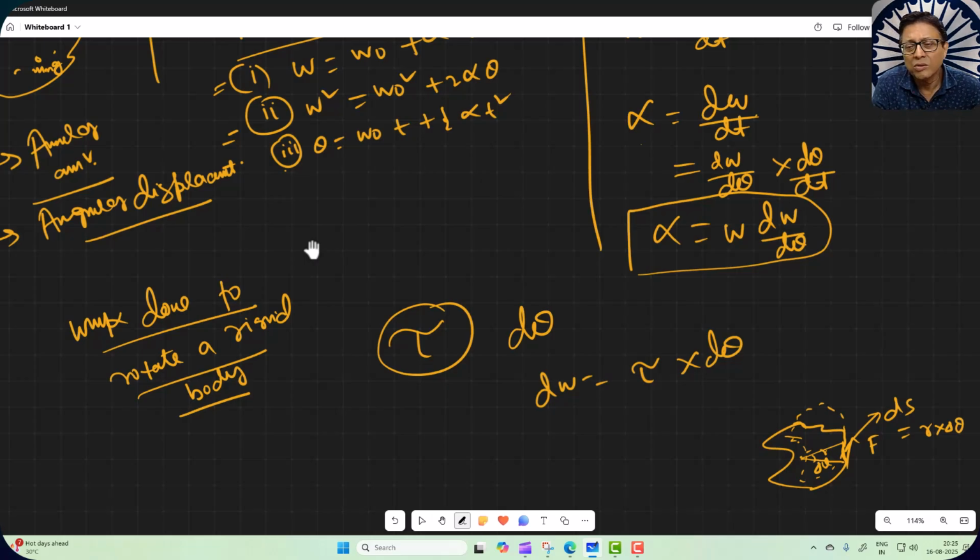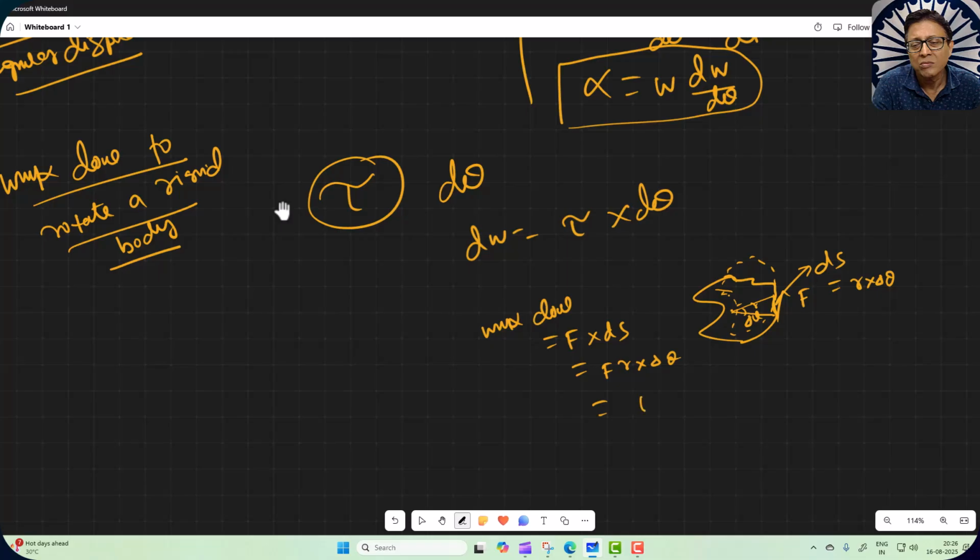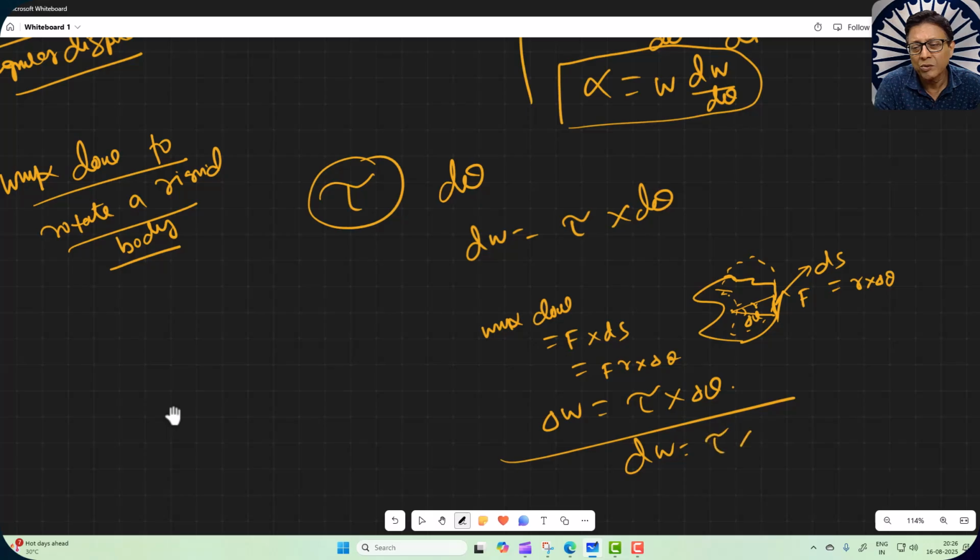So work done will be F into ds, that is F into r into delta theta. But F into r is what? Tau. So work done will be tau delta theta. You can write delta W equal to, or dW equal to tau into d theta. Work done to rotate a rigid body.